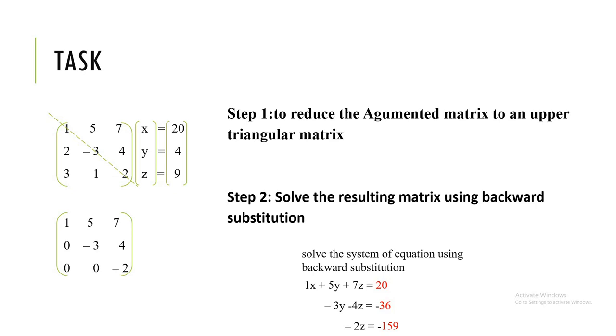This is not an exact demonstration of what we get, but we can rewrite the equations as maybe 1x plus 5y plus 7z equals this, and minus 3y plus 4z equals negative 36, and then minus 2z equals this. It's not exact, but that is the form we'll get, and then you use backward substitution to find your x, y, and z.